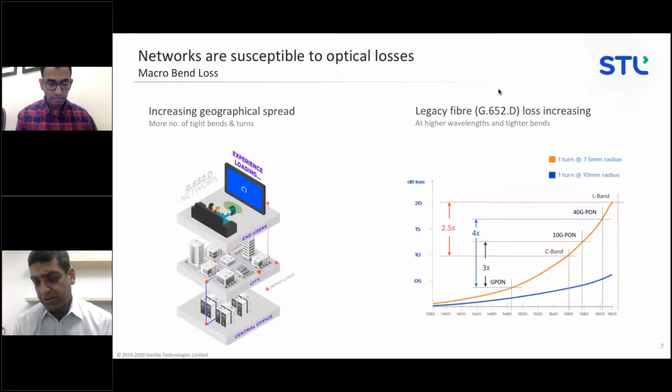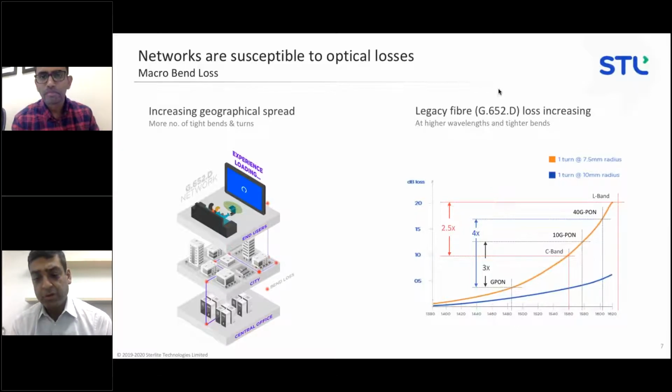Now, what we've shown in the figure on the right is what happens to standard single mode G.652D legacy fiber. When we look at this at different wavelengths, and we consider a turn in the fiber at two different radii. 7.5 millimeters is typical. 10 millimeters is another standard which is used. But at 7.5 millimeters, what we start seeing is that as we move to higher and higher wavelengths, we see the bend losses increasing tremendously.